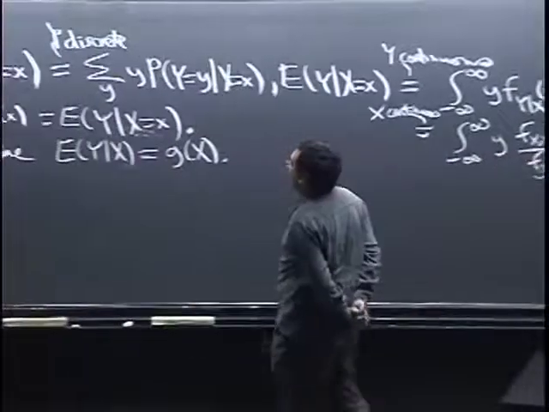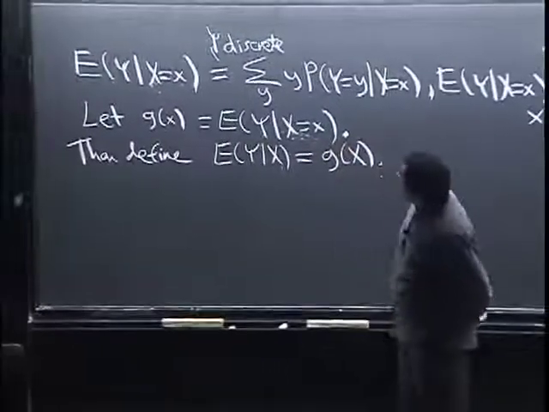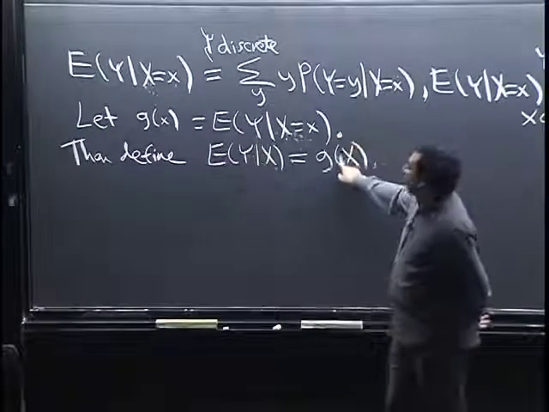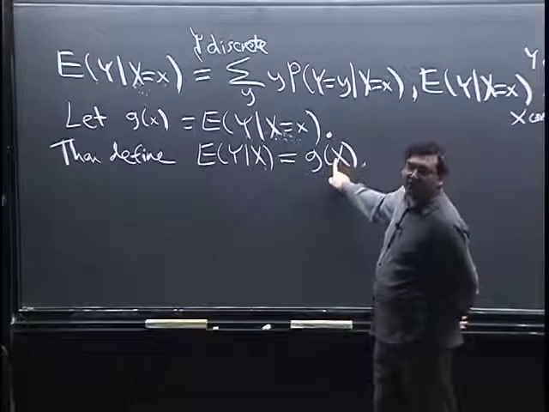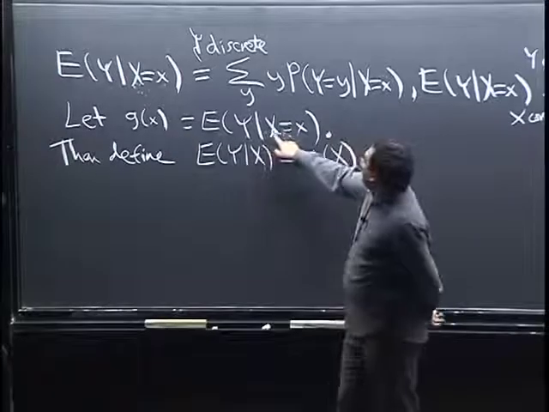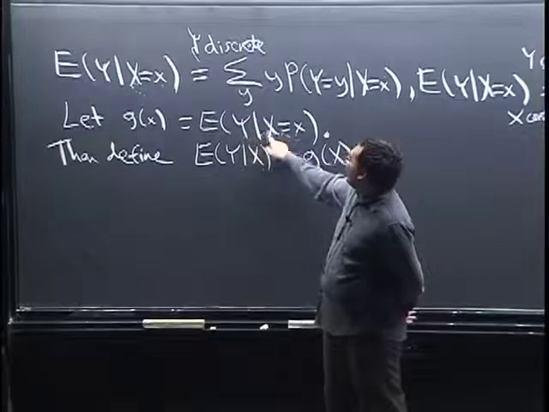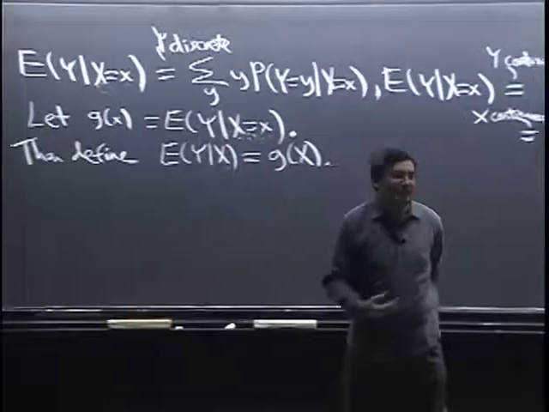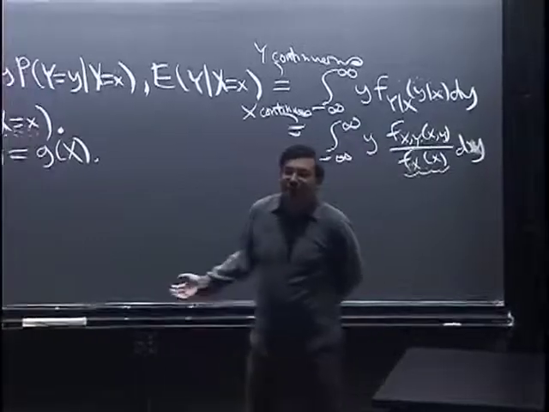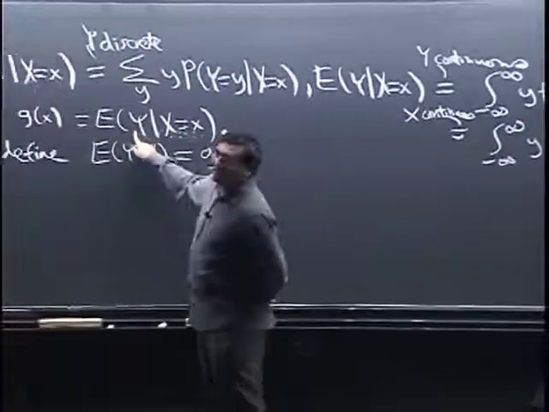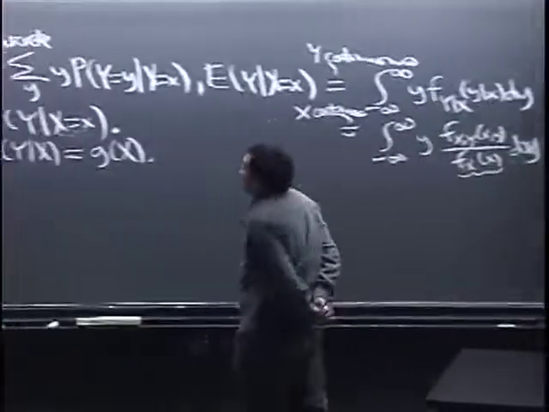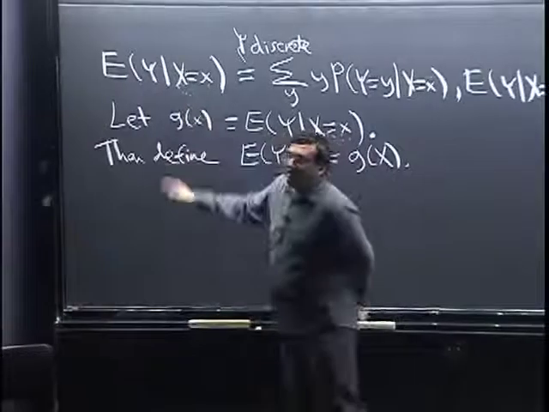One trap you could fall into here is to say, well, this is g of little x, so for g of capital X I should plug in big X everywhere I see a little x. But in that case you'd be saying E of Y given capital X equals capital X, and then you'd say, well, I already knew capital X equals capital X, so that's irrelevant information that I'll cross out, and you get E of Y. That's not what this means. What it means is to think of this as a function of little x that you've actually computed.